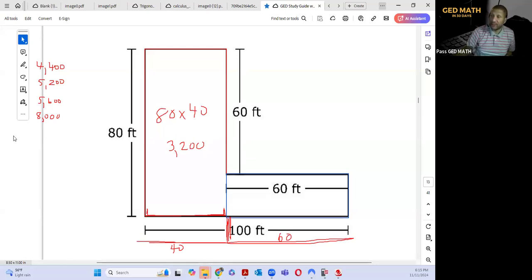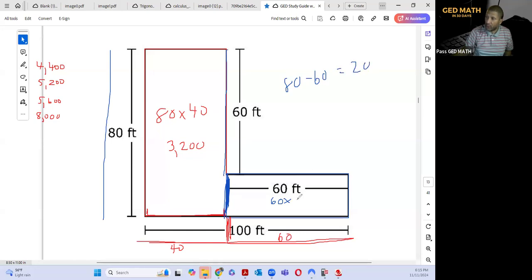Now we look at the second shape, the blue. We know that the length is 60, so it's 60 by, we're looking for this length right here. We know from here to here is 80, and here to here is 60, so we need this little piece. We subtract: 80 minus 60 is 20. So this rectangle is 60 by 20. 6 times 2 is 12 with 2 zeros, so the area of this rectangle is 1,200.